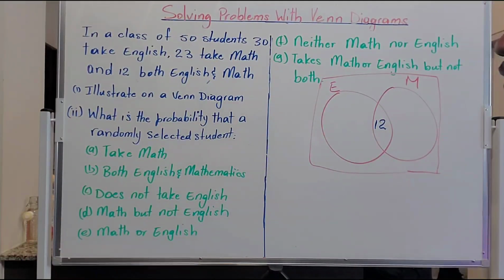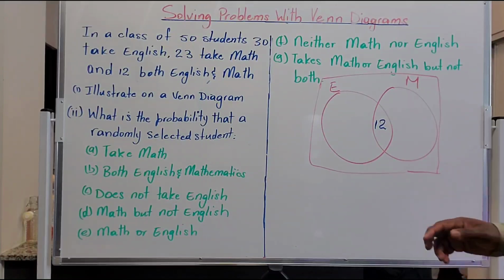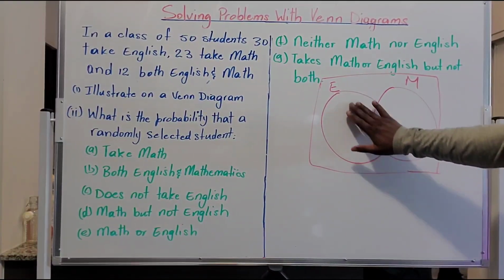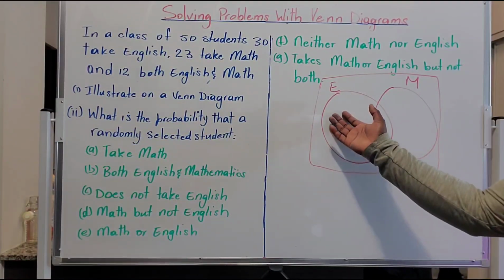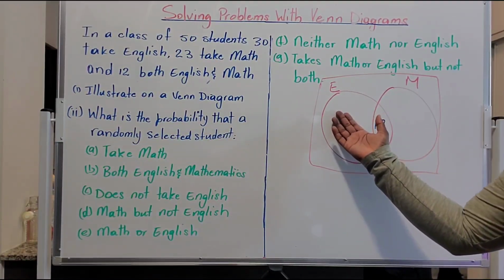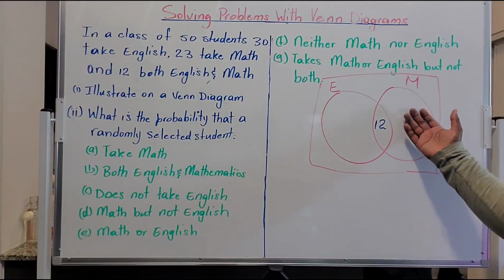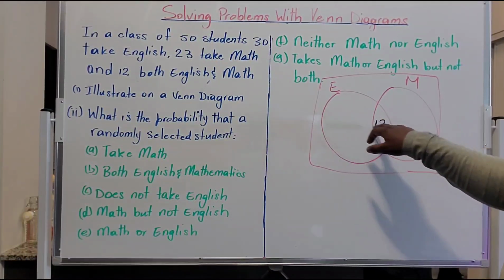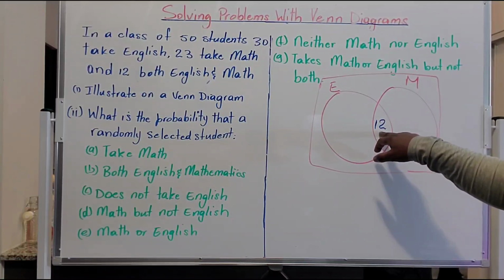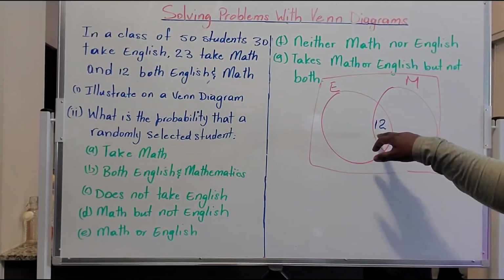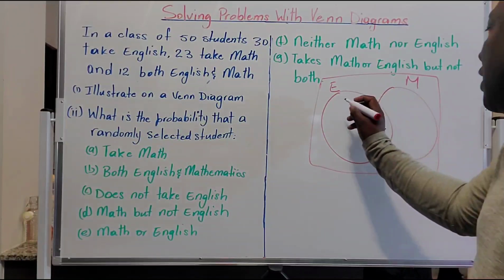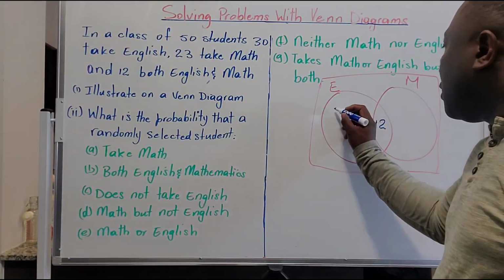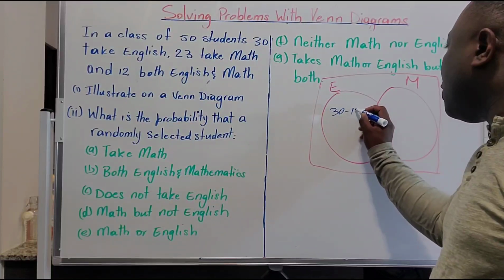That's a given. Now what we'll do here is to find how many students are going for English only, how many doing math only. So if we know that already 12 out of the 30 are doing English, so obviously English only will be 30 take 12.